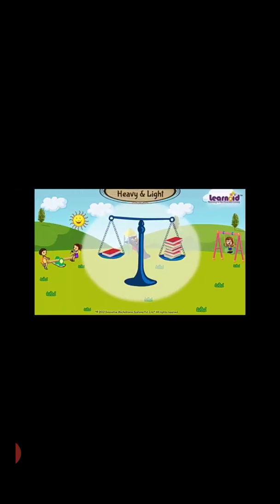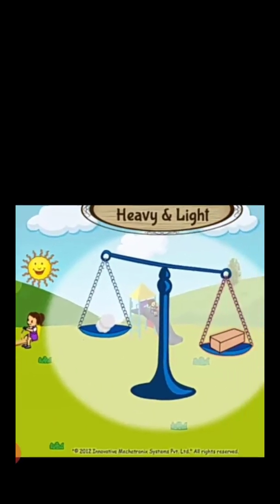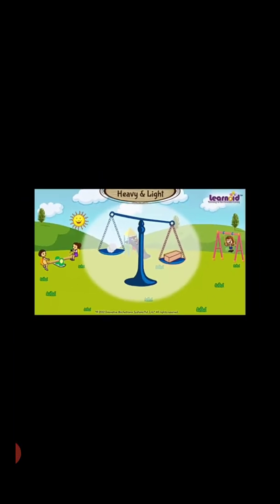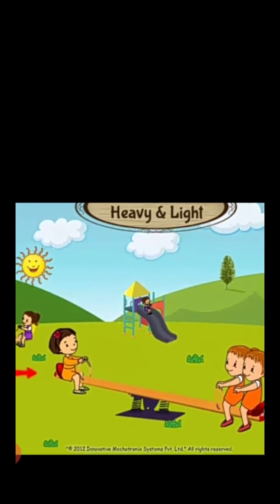One book is light and 6 books are heavy. A piece of cotton is light and a brick is heavy. This side is lighter because one kid is sitting here.